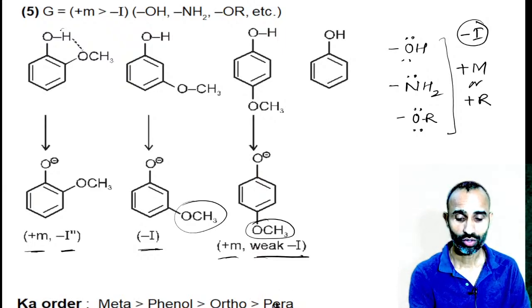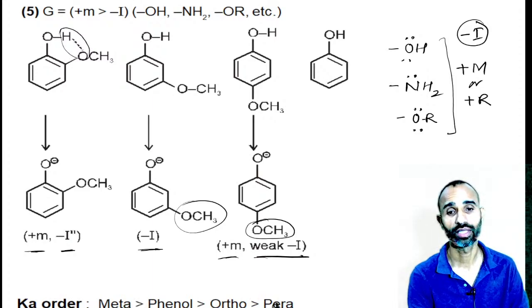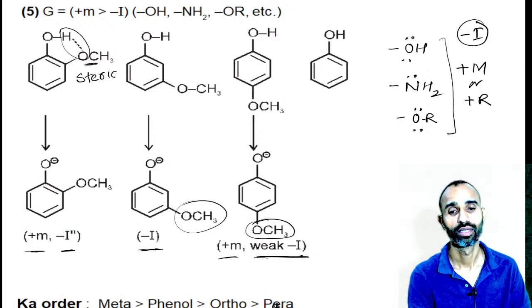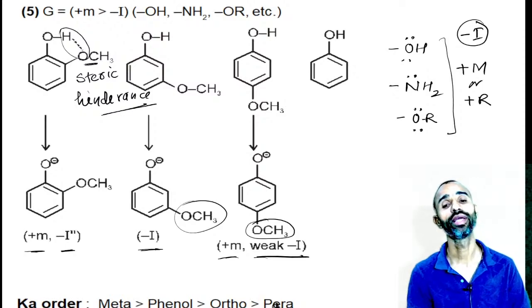This hydrogen bonding is not as effective as in the case of NO2, because in OCH3 there is hindrance. Due to steric hindrance hydrogen bonding is least, that's why it is not very effective.